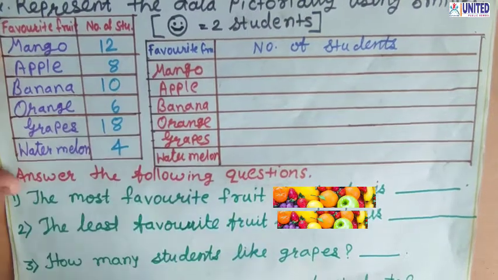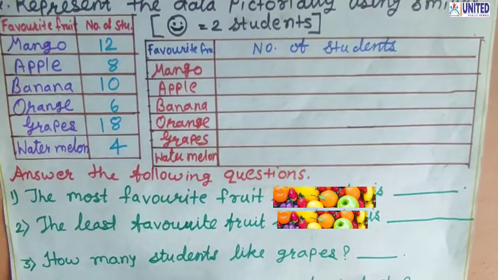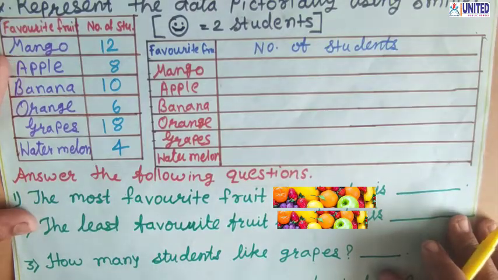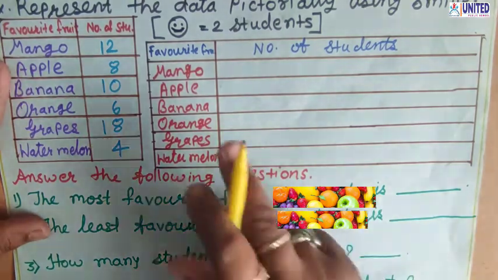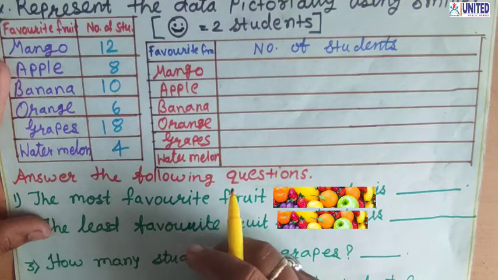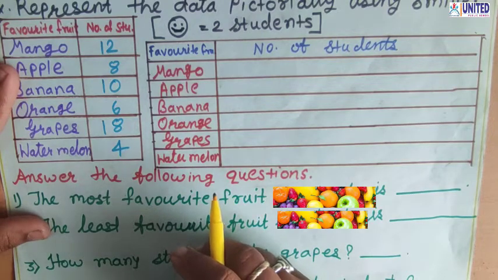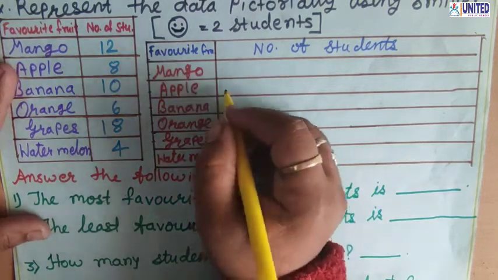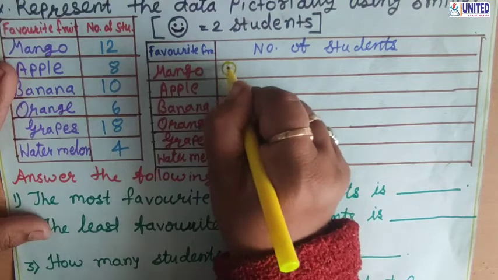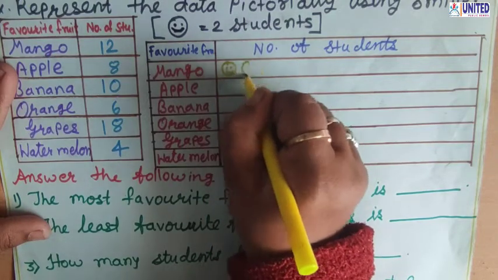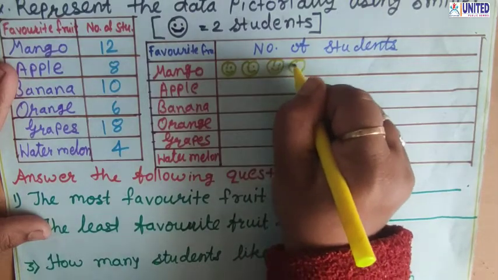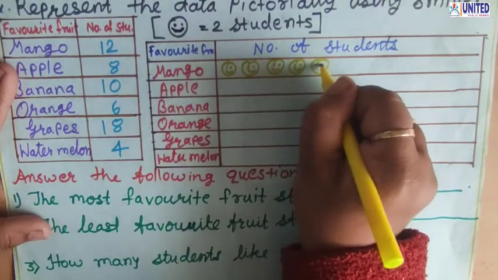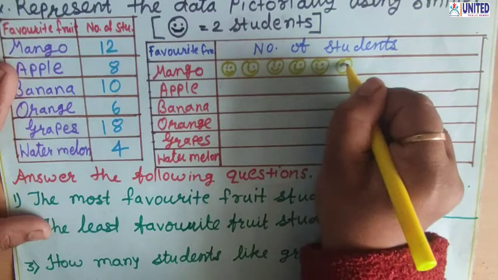Now let us first see in the chart. How many students like the mango fruit? 12 students. For 2 students we draw 1 smiley, so for 12 we have to draw 6 smileys, half of that. 1, 2, 3, 4, 5 and 6.